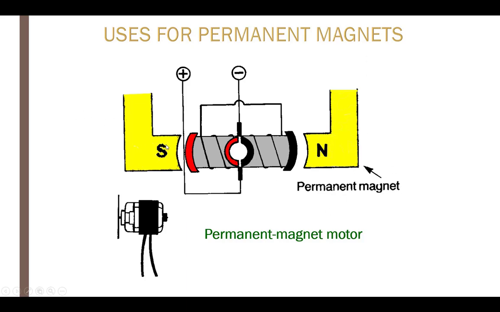This side may be pushed, this side's pulled, and because it's able to rotate, it will. We'll talk more about motors and generators in another learning module, but motors operate because of the interaction of two magnets: the magnets in the poles on the outside and the magnets in the armature or the rotor on the inside.